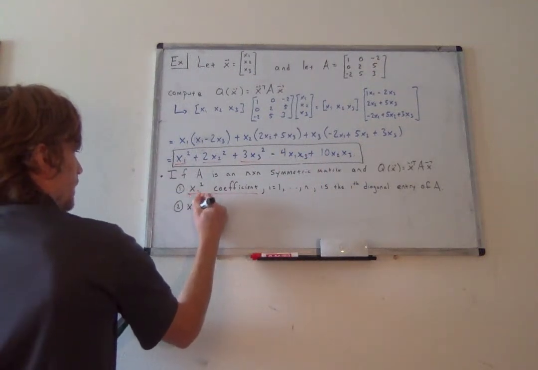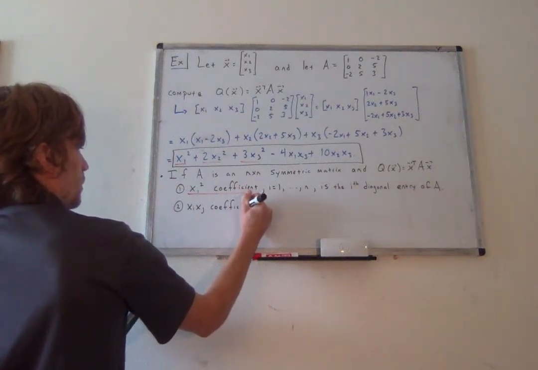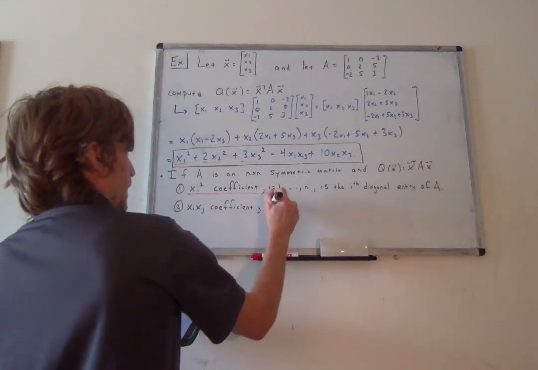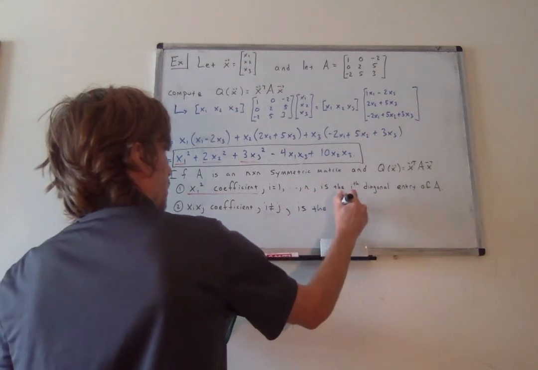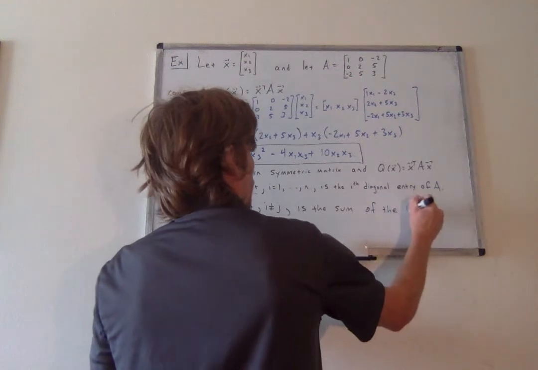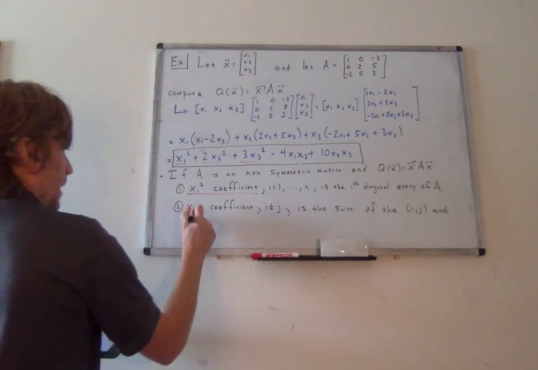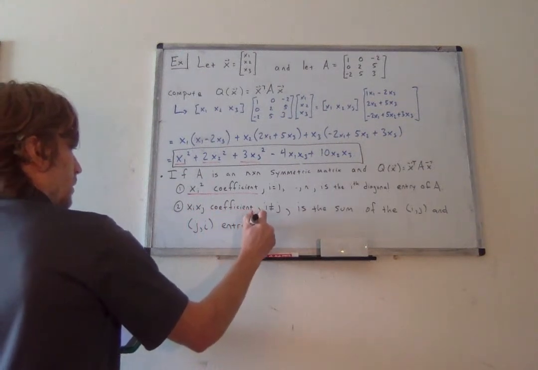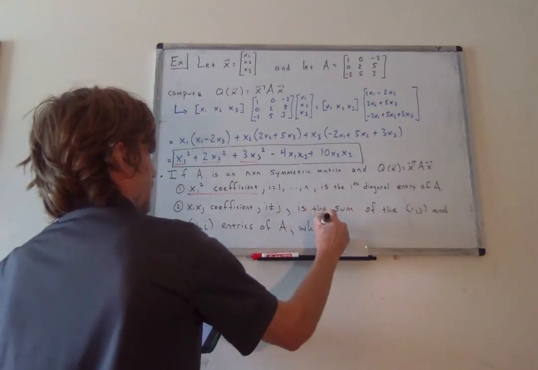The xi xj coefficient, when i is not equal to j, is the sum of the ij and ji entries of A, which are always equal because A is symmetric.